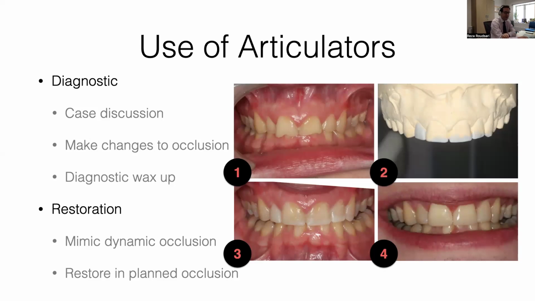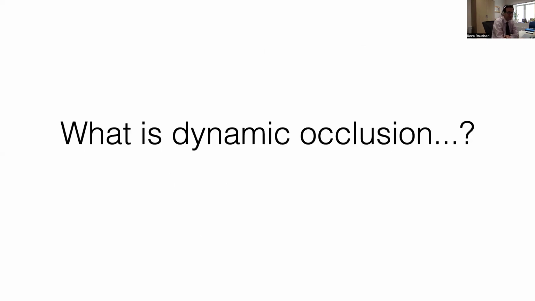In picture three, we use the wax-up with a temporary material, for example ProTemp in this case, in order to transfer what we've done on the cast onto the patient's mouth to double check roughly how things look and what the occlusion is like. And then in picture four, you can see that we managed to use this information from the articulators to transfer things into the patient's mouth using dental composites.